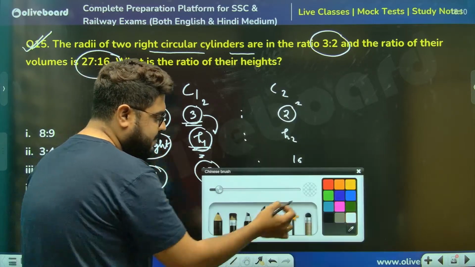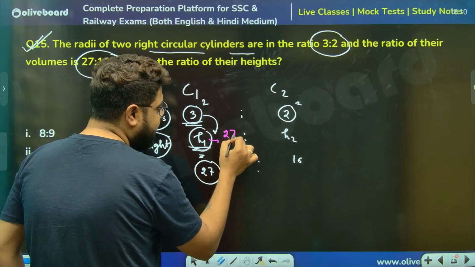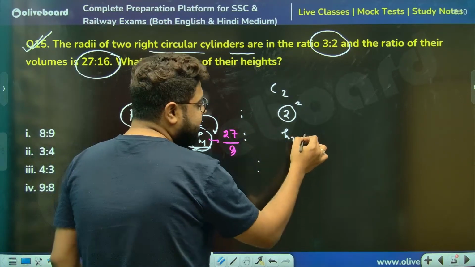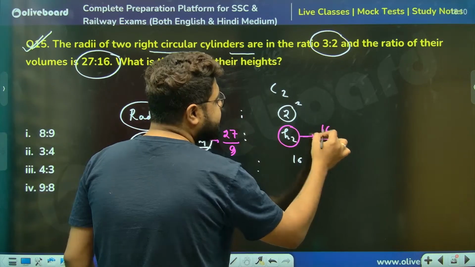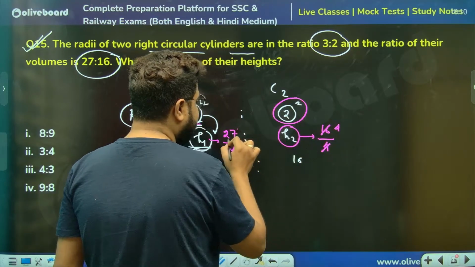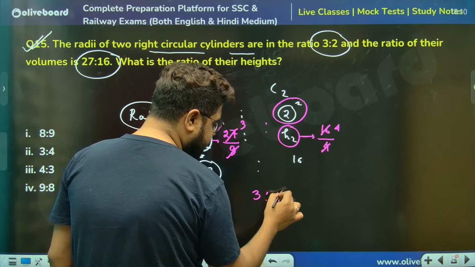So can I simply say H1 will be volume divided by r square, that is 27 by 9. In this case, volume 16 by r square, that is 4. So the answer will be 3 ratio 4.